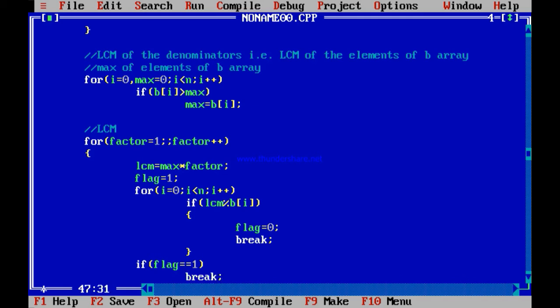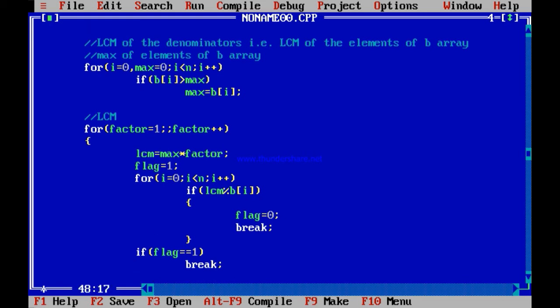I understand I have got the LCM. It was divisible for all BIs. That is why it could not enter, and that is why flag is still 1. That means now I have got the LCM. Otherwise, I will again multiply max by the next number and check whether that is the LCM or not. So here I have got the LCM of the B array.